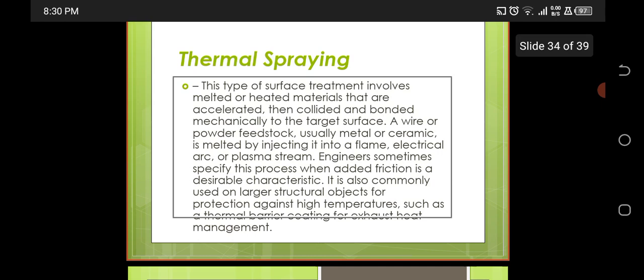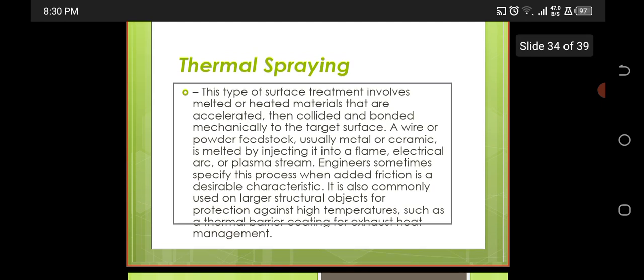We select the metal or ceramic depending upon the application. Then we melt it by the flame, and after the melting, it is accelerated, collides and binds mechanically to the surface of the target object. This is a very simple and very easy way of coating the surface of any material to prevent it from corrosion.